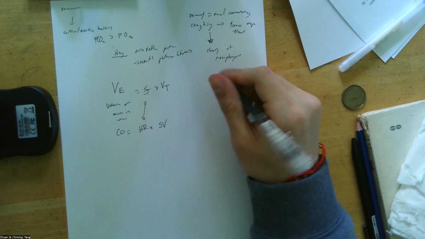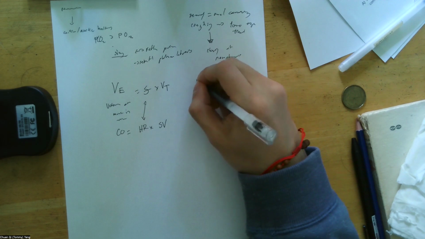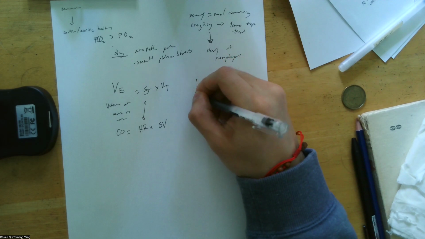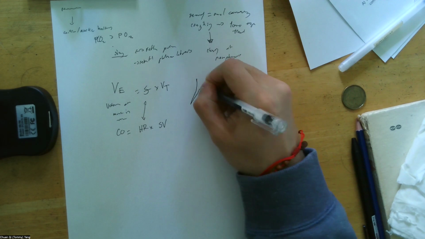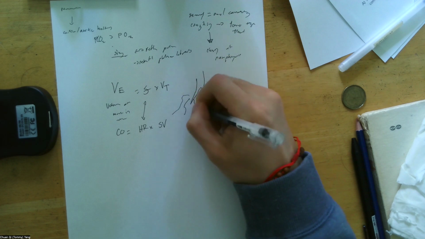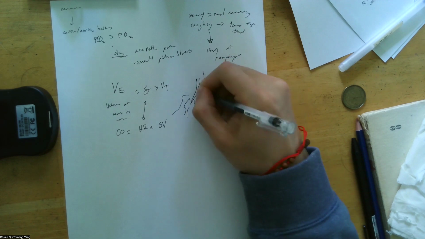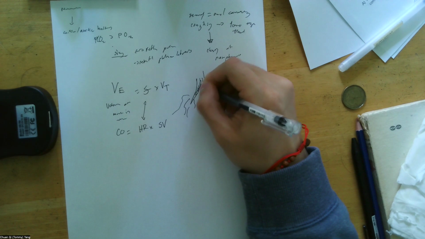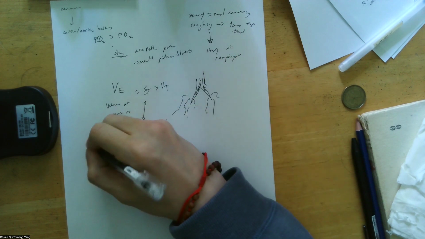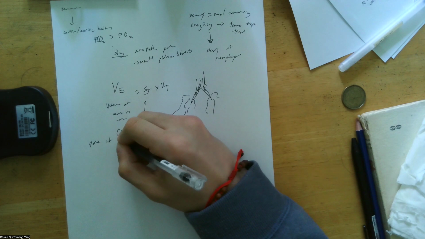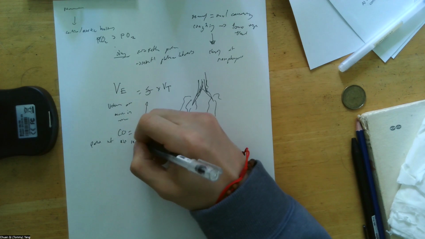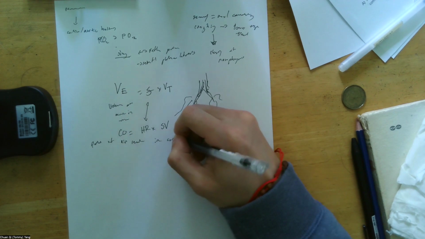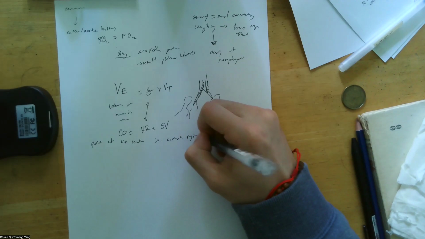The conducting passages have an anatomic dead space, which leads to mixing of used and fresh air. So if we look at the lungs like this, if we have air stuck in here, this is because a portion of air remains in conducting regions.